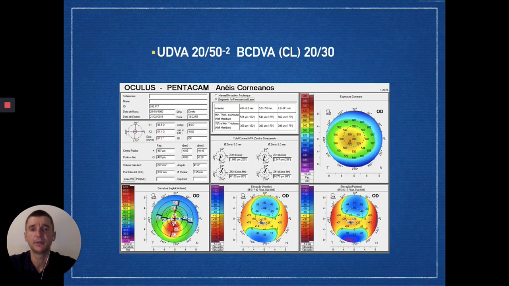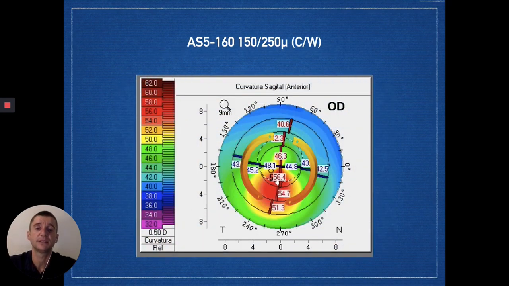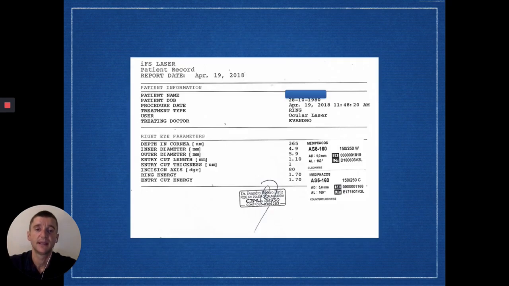Here's an example of a patient that had a best corrected visual acuity with contact lens of 20/30. So we implanted the 2 segments, and the surgery is performed in a regular manner as we used to, with regular arc and regular thickness segments as well. We do not change the technique.